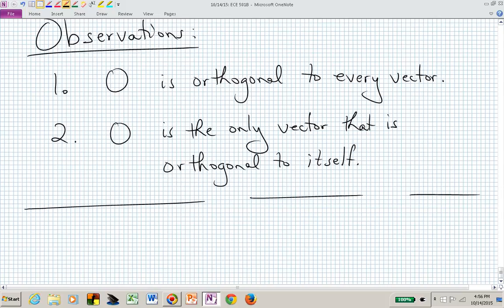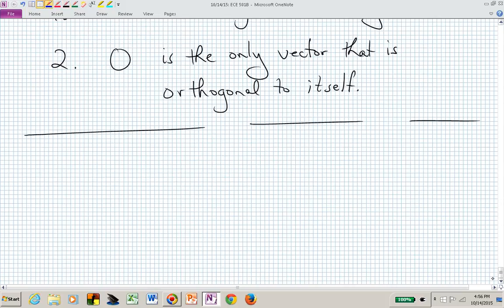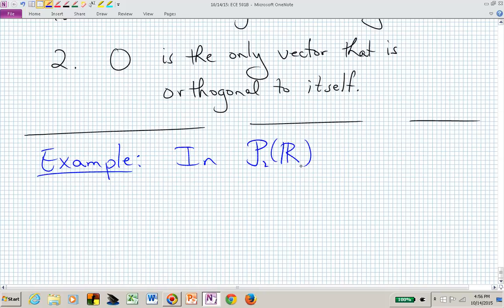Let's look at another example of how we can use this inner product to help us define orthogonality. Suppose that we're playing with second order polynomials over the reals, and suppose we've defined our inner product of v and w to be the second inner product that we'd defined before.